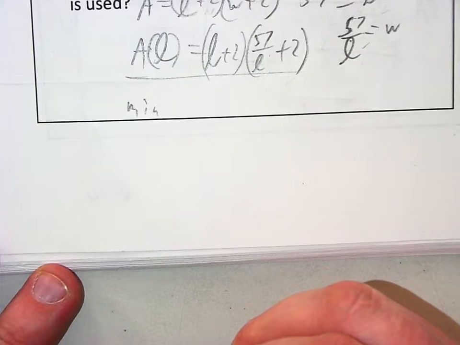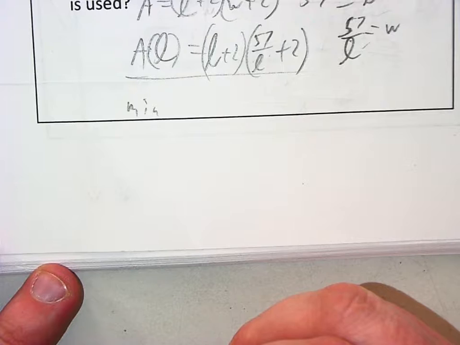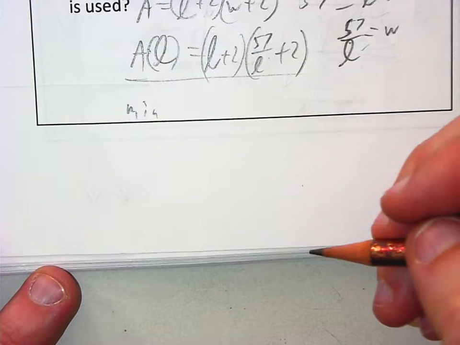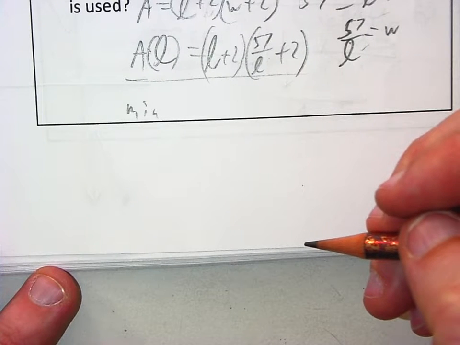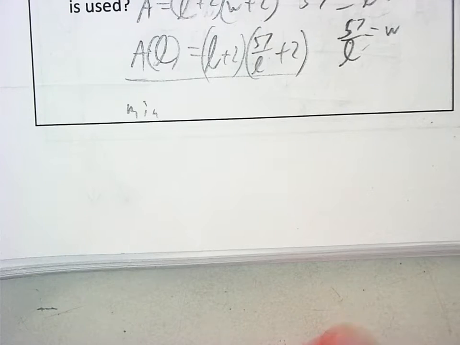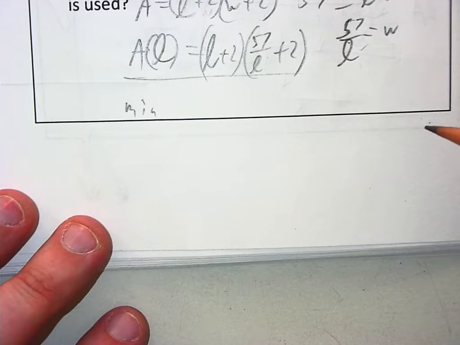What's your minimum? L equals 7.5, and the area is 7. Anybody else get that? That's kind of weird. You have to look at your limitations. When you graph it, make sure you go up far enough that you can actually see it.